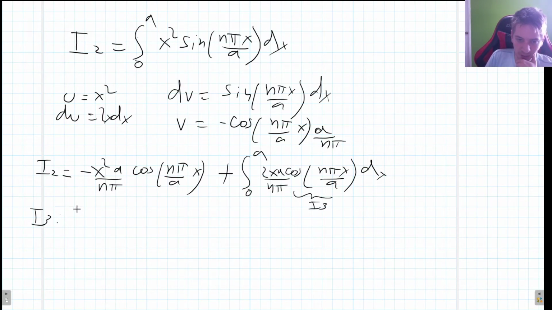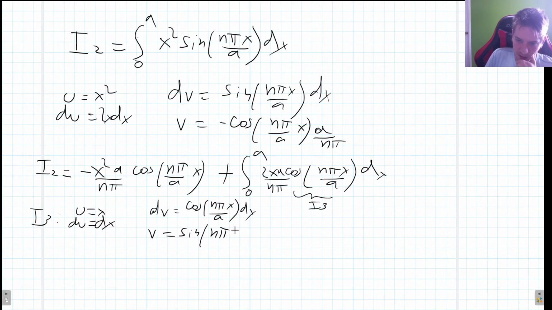So for I3 we call u is just going to be x, du is going to be dx, dv is going to be cosine of n pi x over a dx, and v is just going to be sine of n pi x over a divided by n pi.